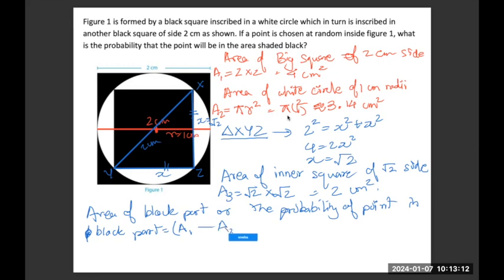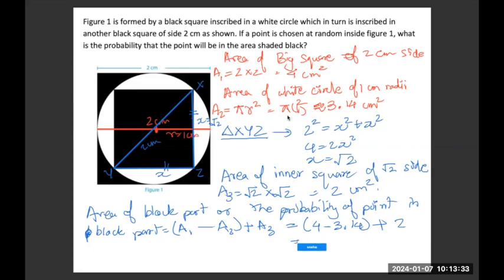So A2 plus the inner square, which is also a square, plus the inner black square, which is A3. This will equal 4 minus 3.14 plus A3, whose value is 2.